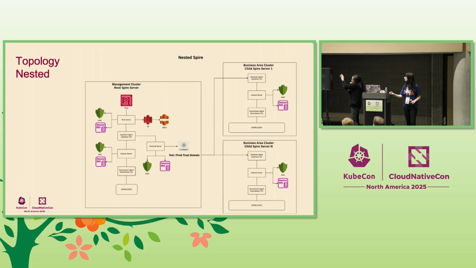You notice also on the root server, on mom, there are now 3 servers. Of course, we have the root server connected to PCA for our root CA. We have the internal server for our local workload attestation needs, because like I said, we have apps local in the management cluster that need attestations, need SVIDs for other connections.